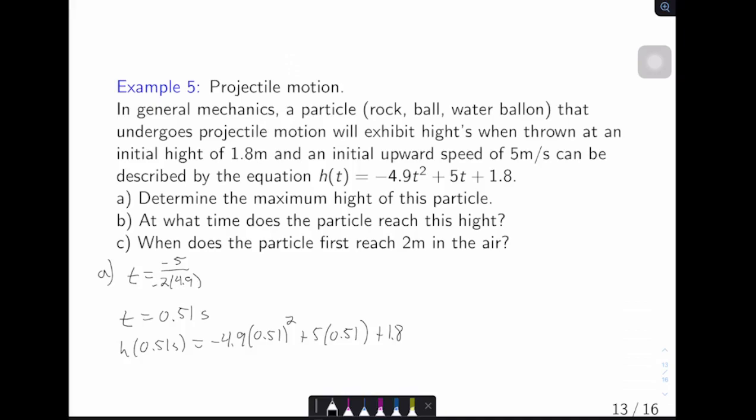Negative 4.9 times 0.51 squared plus 5 times 0.51 plus 1.8. I'm going to get that the maximum height is going to be equal to about 26 meters.